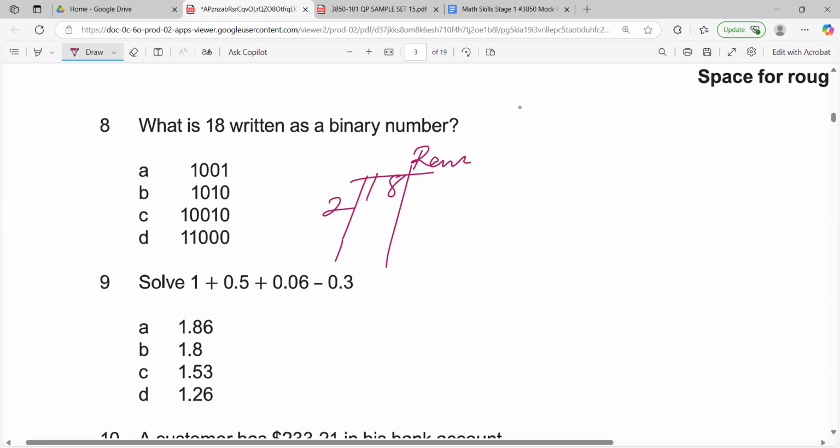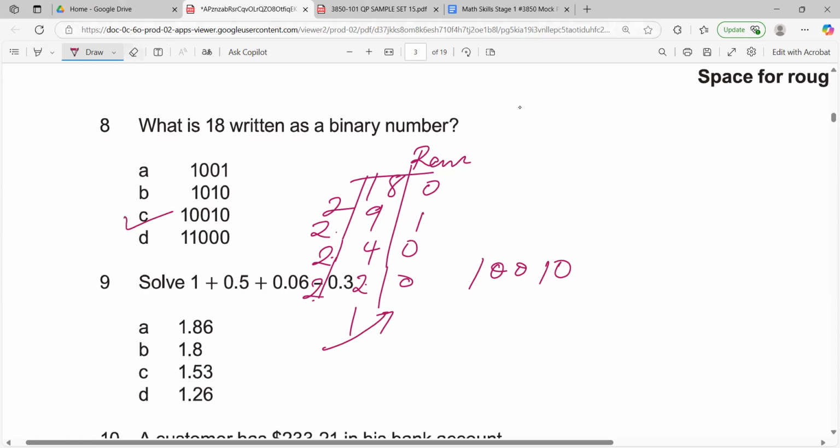So 2 into 18, that's 9 times, remainder 0. 2 into 9, that goes 4 times, remainder 1. 2 into 4, that goes 2 times, remainder 0. 2 into 2, 1, remainder 0. So the answer actually starts from here. So it will be 1, 0, 0, 1, 0. So we start from here, go up. So that would have been C.